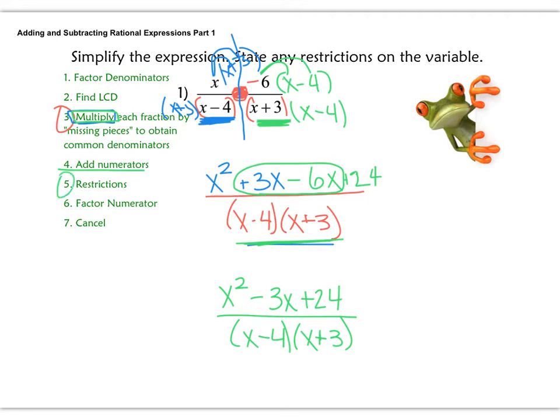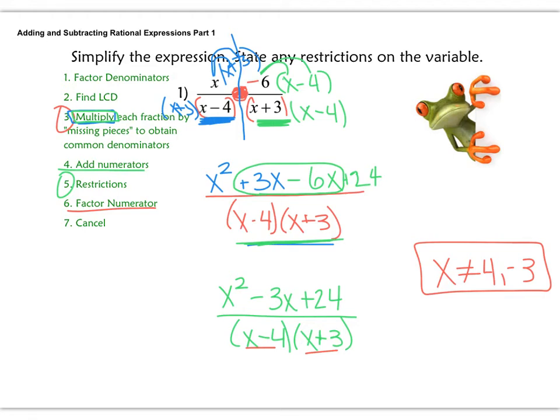Step 5 is my restrictions. So restrictions come from the denominator. X cannot equal, that first one gives me a 4. That one gives me negative 3. Factor the numerator. Notice in the beginning I only factored the denominator. It's already in factored form. Can I factor the numerator?